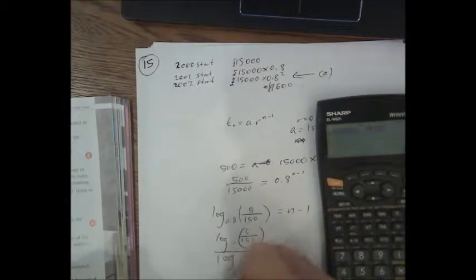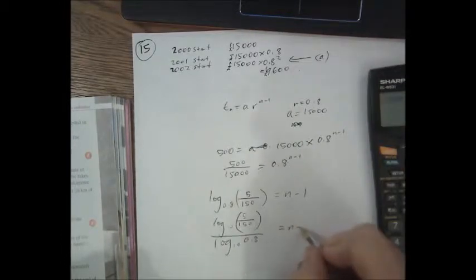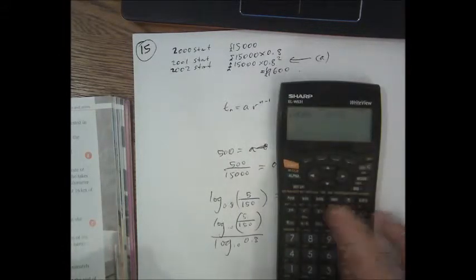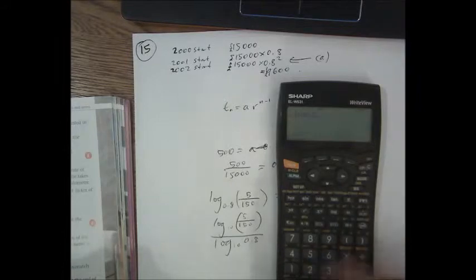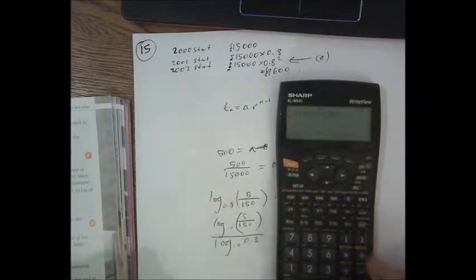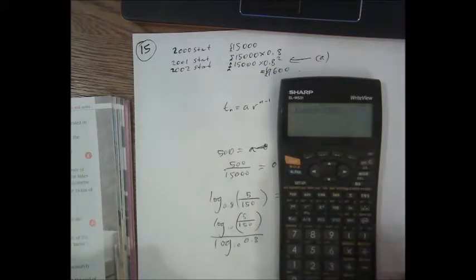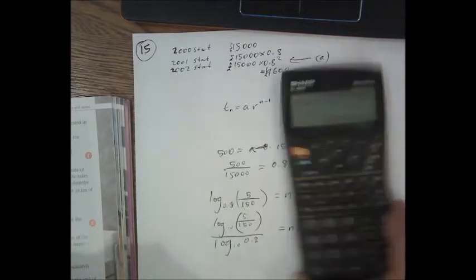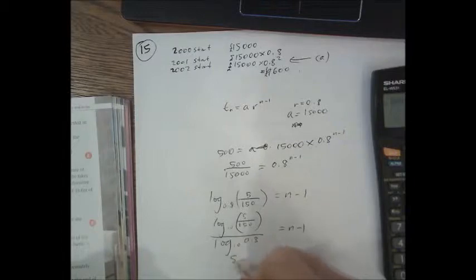This is a change of base law. So let's go log 5 divided by 150. Yep, that's log 10, divided by log 0.8 equals 15.2. So n equals 16.2.